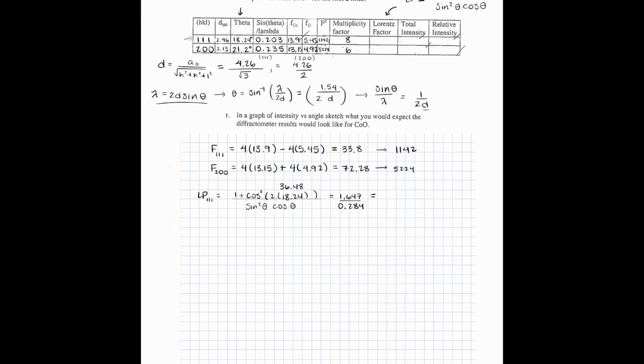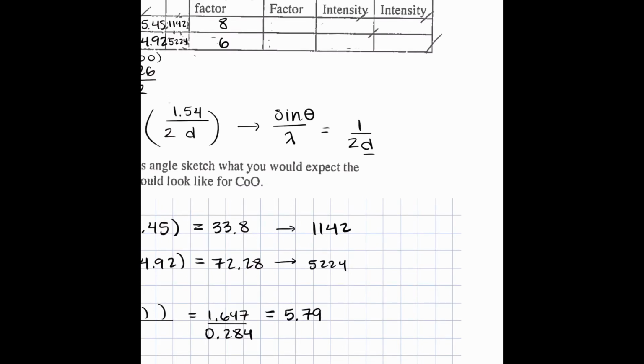Final answer is going to be 5.79. If I made a mistake and calculated it wrong, it's fine. It's essentially just plug and chug and make sure your work is right.